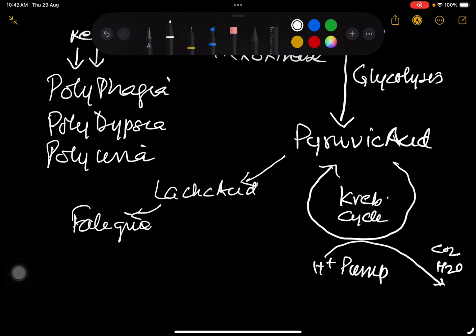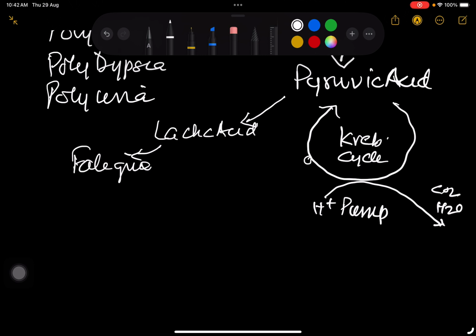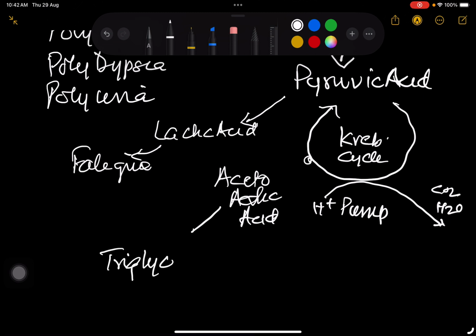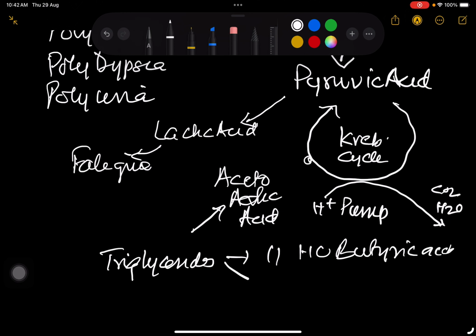The next thing that happens is that there is a substance here which is called acetoacetic acid, and this is one of the triglycerides. Other ones are beta-hydroxybutyric acid and acetone.